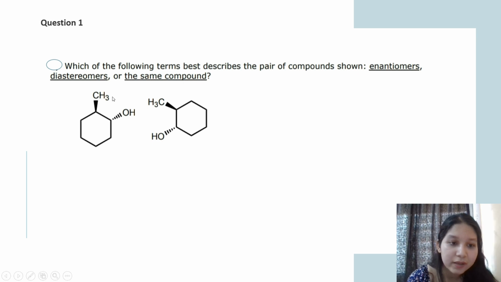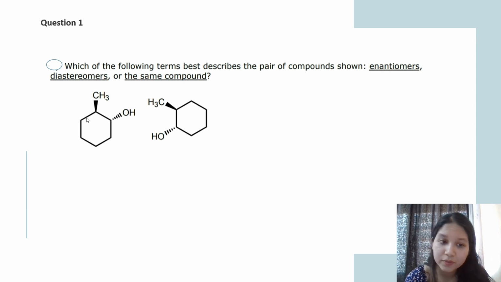So if we have to assign RS configuration to the stereogenic center, what will be the highest priority group for this? It will be this one. Okay, this substituent present in this chiral center will be of highest priority. Then the second priority group will be this one, isn't it?